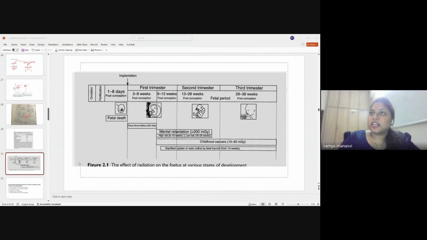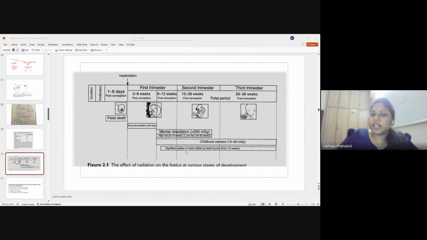Whereas for the first trimester, in 2 to 8 weeks post-conception, there will be tissue abnormalities. From 9 to 12 weeks, there will be mental retardation, which is high in the 8 to 15 weeks and low risk in 16 to 25 weeks if there is more than 200 milligray of exposure. Whereas childhood cancers will happen from mid of first trimester to the end of 3rd trimester.